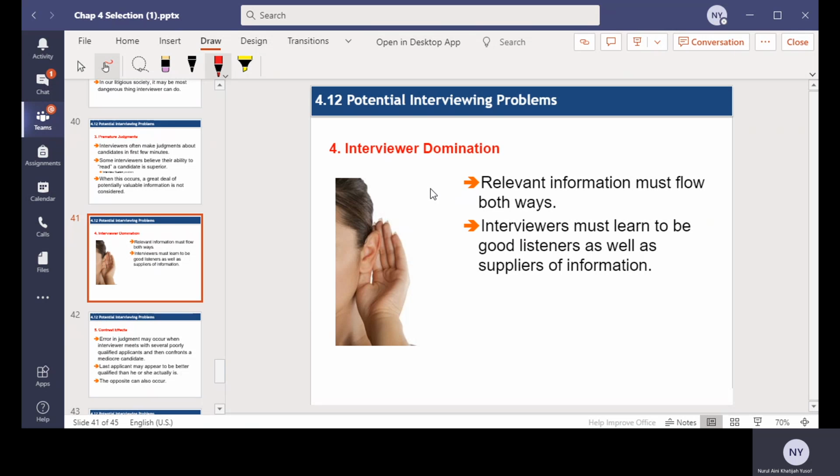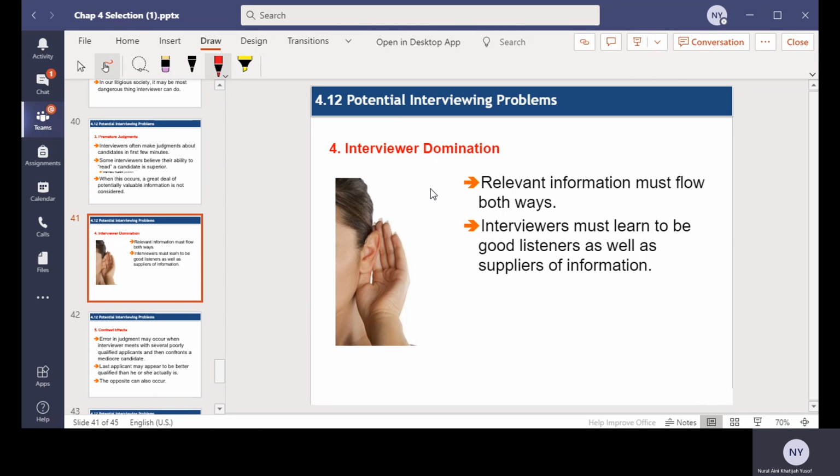But if most of the time, the manager, the interviewer, is the one who is talking, then how do you want to get the information? All right, so for example, let's say the first question, the interviewer asks, okay, tell me about yourself.